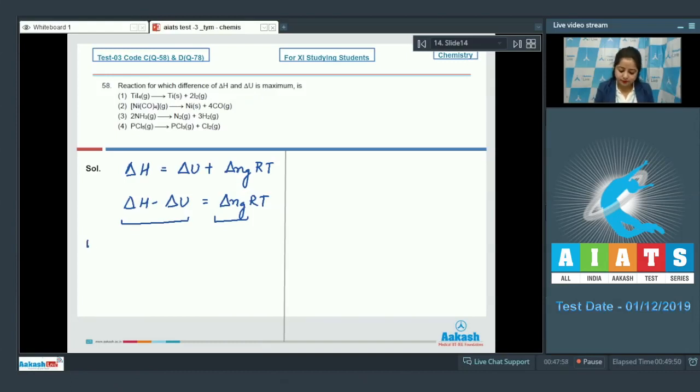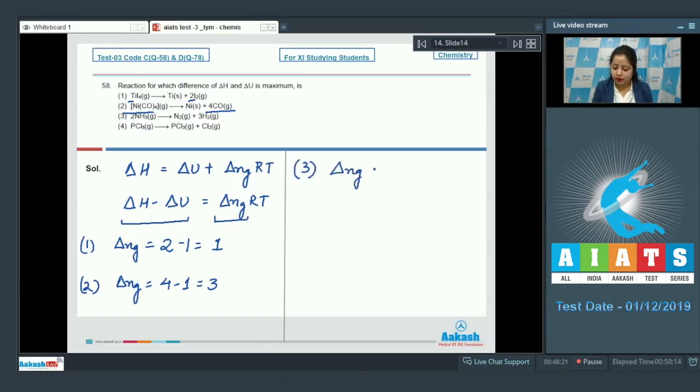Starting with option number 1, delta Ng is equal to 2 minus 1, which is equal to 1. Moving to the next, delta Ng is equal to 4 minus 1, which is equal to 3. Moving to the next option, delta Ng is equal to 4 minus 2, which is equal to 2.